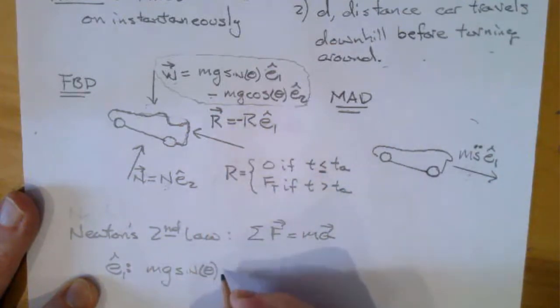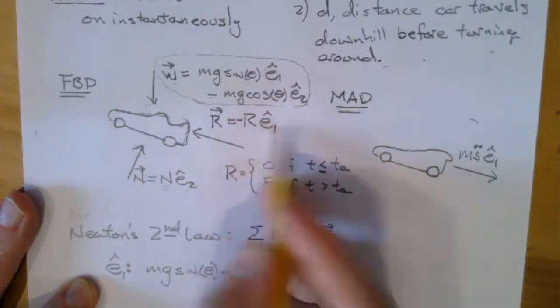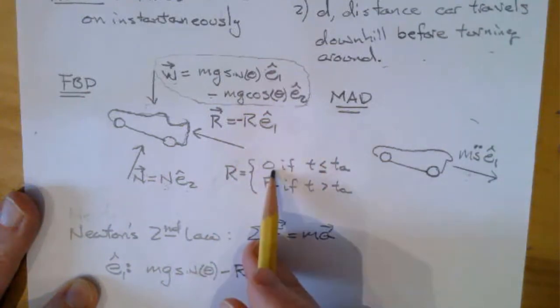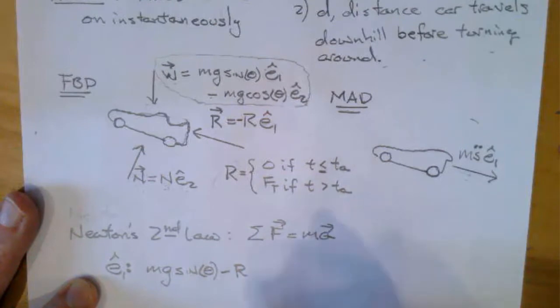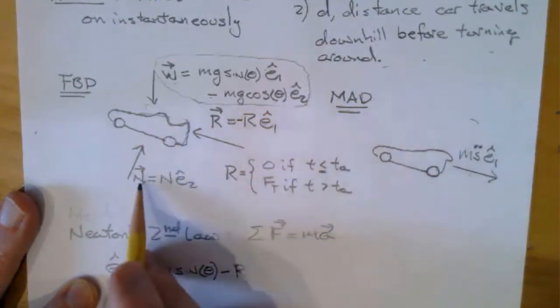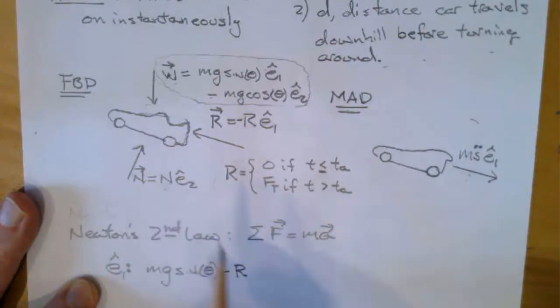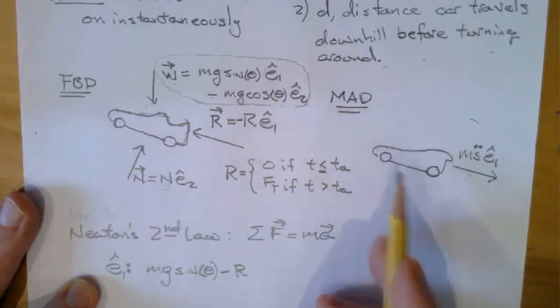I'm just going to call this minus r, right? Minus r in the e hat 1. It's going to be 0 some of the time and Ft the other part of the time. So minus r. And there's no component of the normal force in the e hat 1 direction, so add 0.